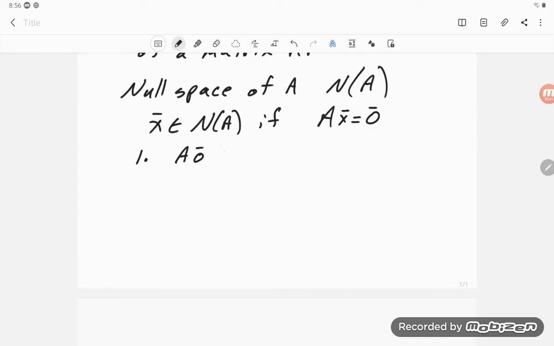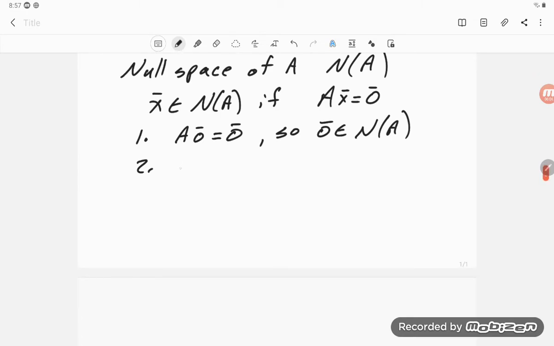A times 0, we know that's 0. So 0 is indeed an element of N of A. So that's great.